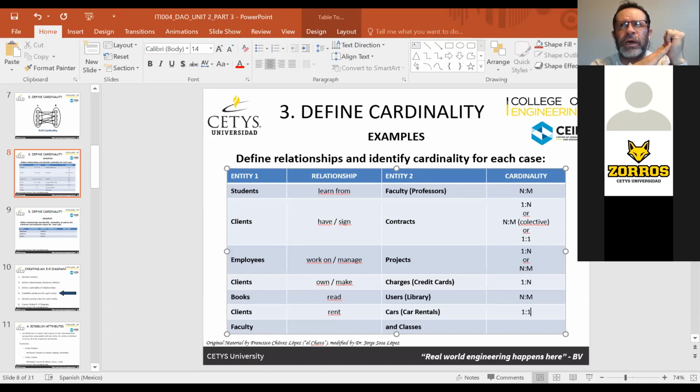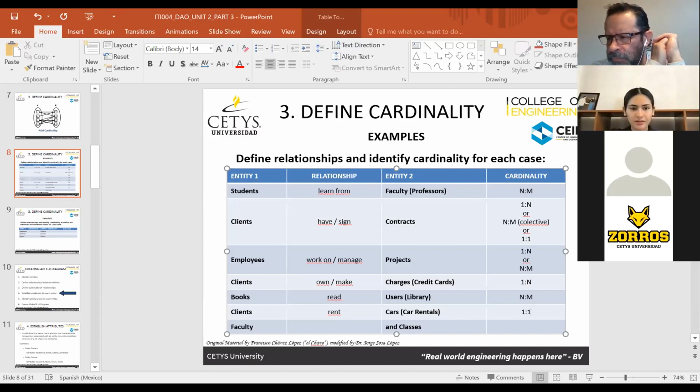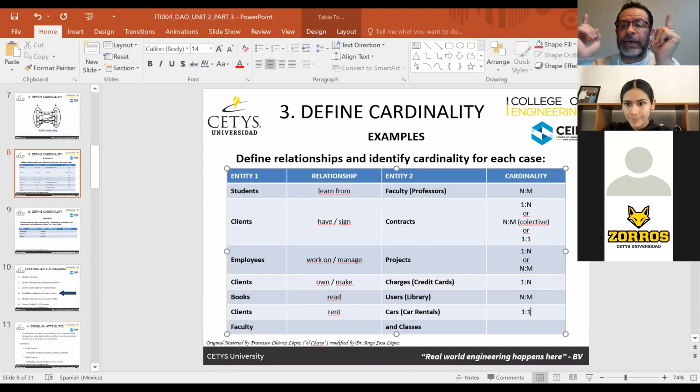Let's talk about that. How did you get to one-to-one? Because we thought a client only rents one car at a time, and a car is rented by a client. That's why. So the logic there, and we're talking about instances, you're thinking about the specific client and the specific car. Now that's good.